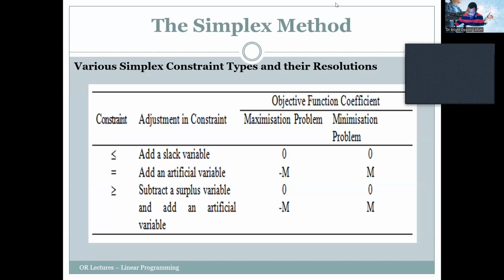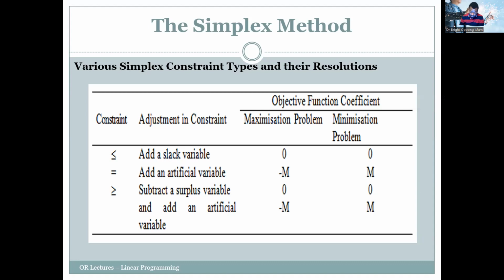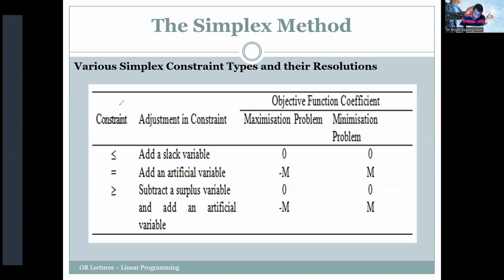In summary, if we have a less than or equal to constraint, and you are dealing with a maximization problem, we add a slack variable, and the coefficient in the objective function is 0.